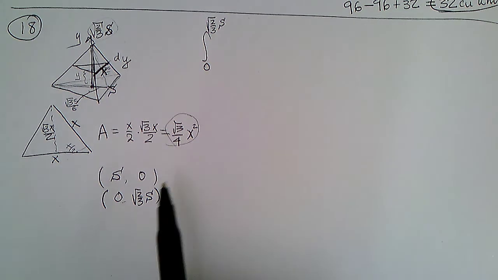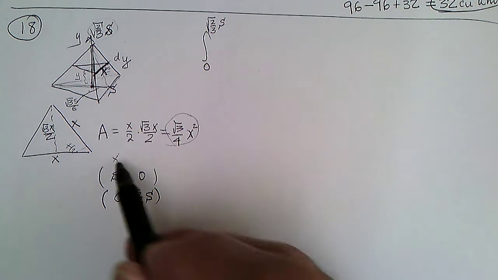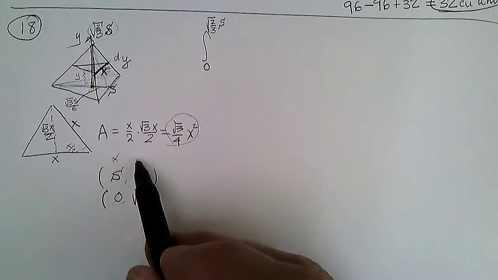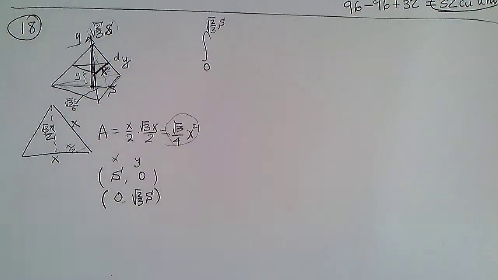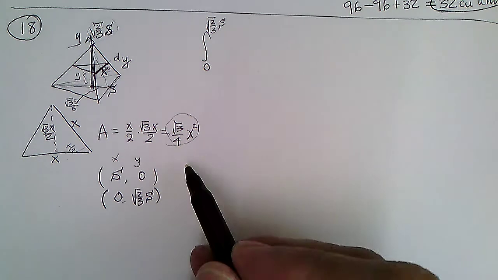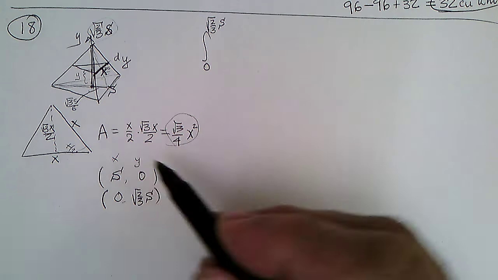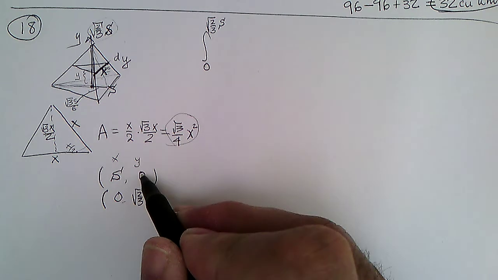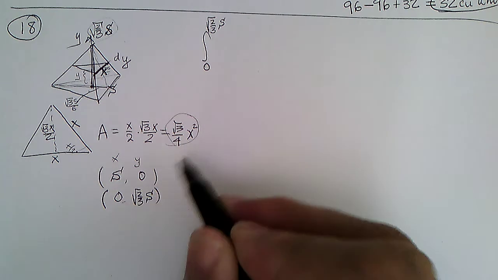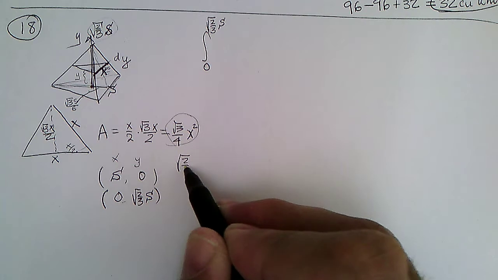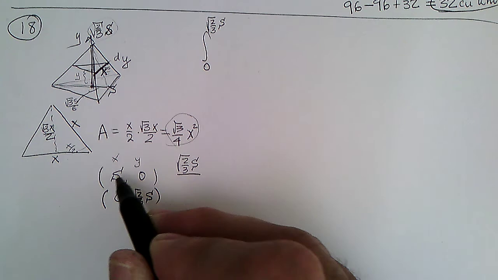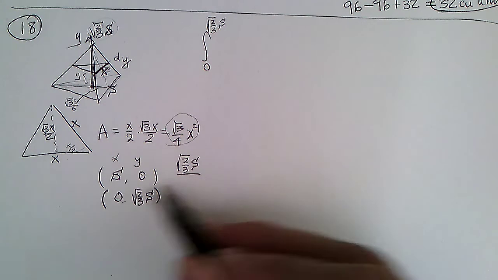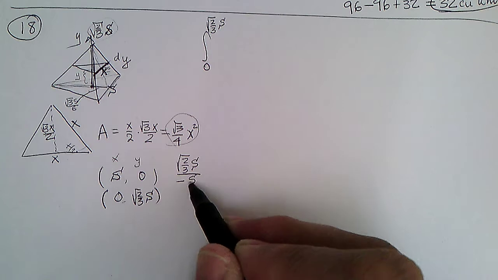So I should be able to write an equation, if this is my x, this length of the side, and y is the height I am up. I should be able to write an equation for how x and y relate. So my slope would be change in y, which goes from 0 to square root of 2/3 s, divided by the change in x, which goes from s to 0, so that's negative s.